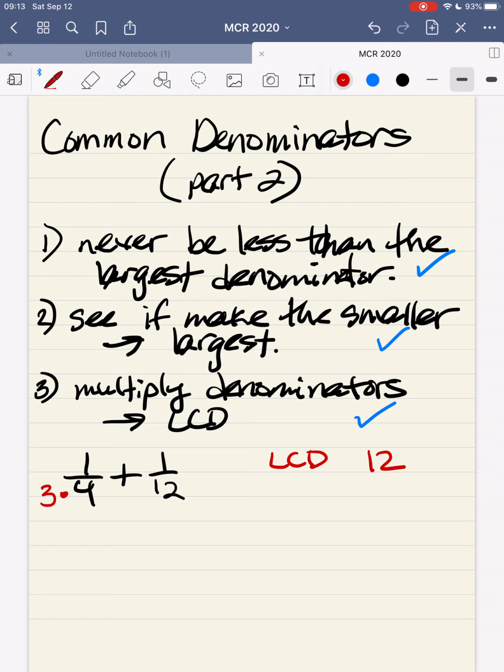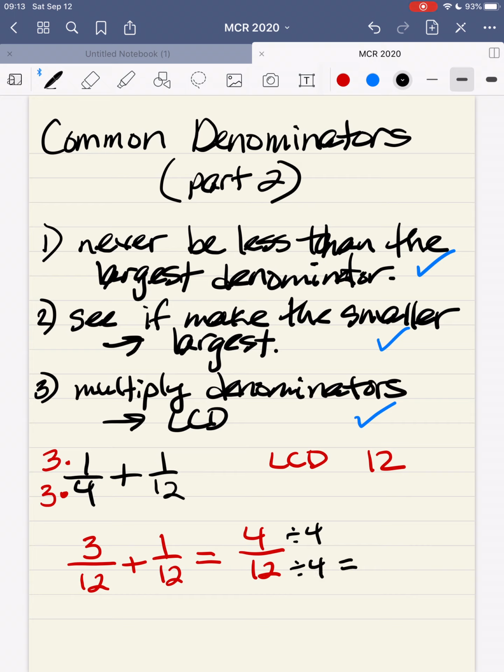I can multiply it by 3, like we did previously, which means I have 3/12 plus 1/12, which is 4/12. We have seen this fraction before. I can simplify by dividing top and bottom by 4, and I'm going to get 1/3. And I'm done.